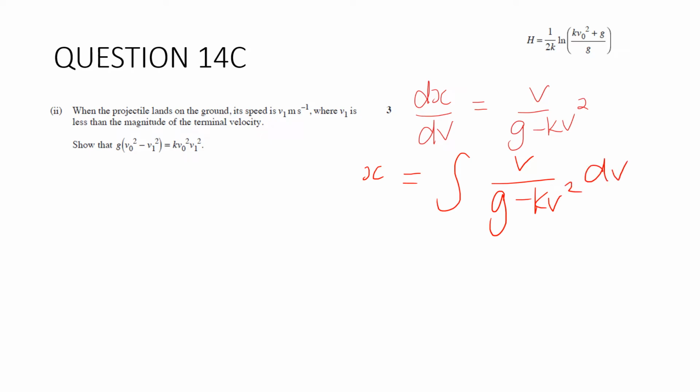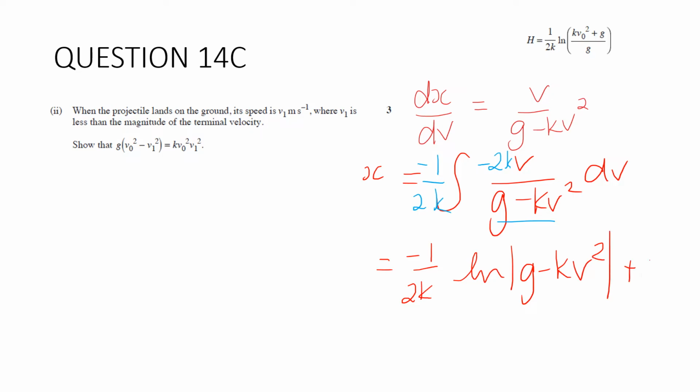Now again, we've got log base e, and the derivative of this is negative 2kv, so that's what we need at the top. And adjusting, we get this is equal to negative 1 over 2k ln (g minus kv squared) plus c. So now we need to substitute in initial conditions.